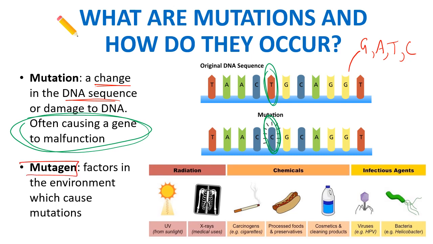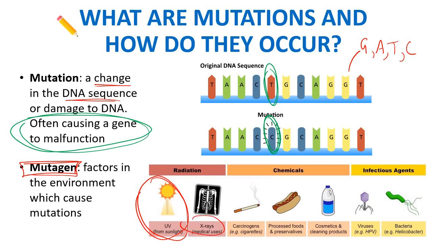Mutagens is the last keyword, and these are just factors in the environment that cause a mutation. So every time we're exposed to these things, there's a chance our DNA gets damaged and we're causing mutations in our cells. So there's radiation, of course UV light from sunlight, that's why we need to wear our high SPF sunscreen, because otherwise we're going to mutate our skin cells and get skin cancer.